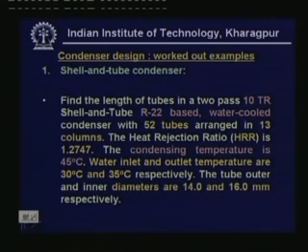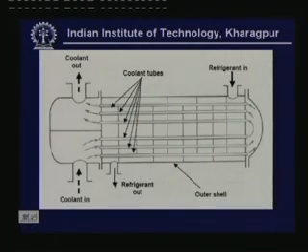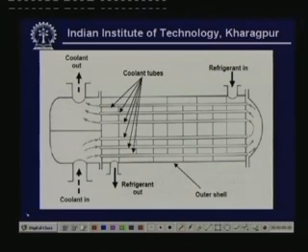So, now let us look at how to solve the problem. This is the schematic. Last class I showed this schematic of a 2-pass shell and tube type condenser, and as I explained, the refrigerant is on the shell side. You can see that refrigerant enters at the top and condenses as it comes in contact with the tubes, and the liquid refrigerant goes out from the bottom, and water enters from the bottom like this.